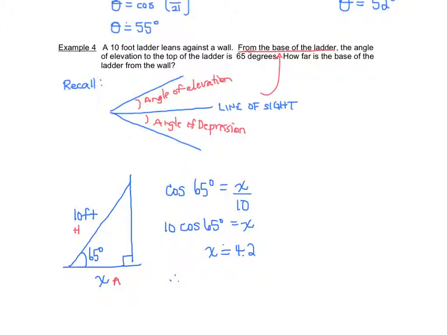So we'll say, therefore, the base of the ladder is 4.2 feet from the wall. And that concludes this lesson.